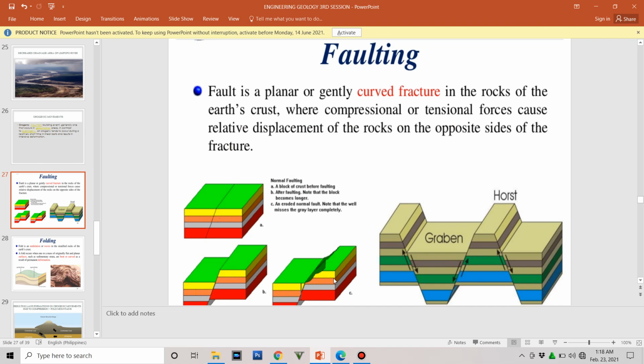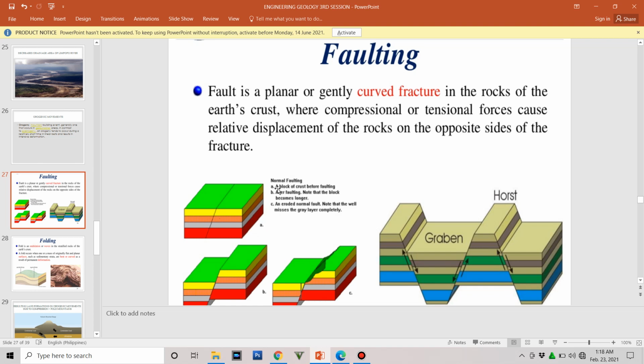So it could be that faulting will occur on a normal condition. So alam naman natin kapag normal, the force is a tensile one.